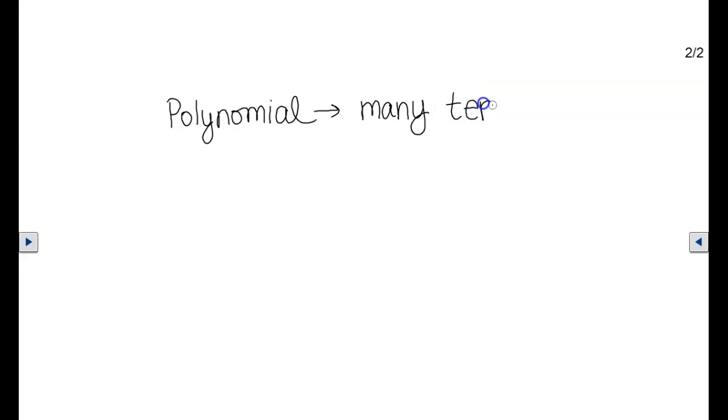Now, that brings us to this word polynomial. You all are aware of the fact that the prefix poly means many. Polynomial means many terms. Now notice that that's not specific. It doesn't say how many.